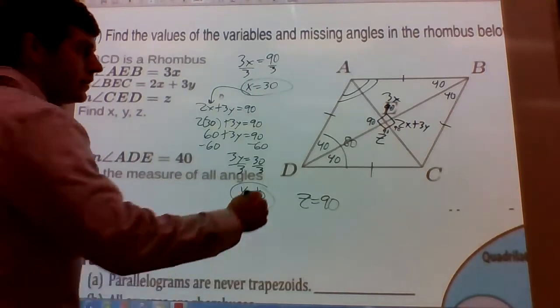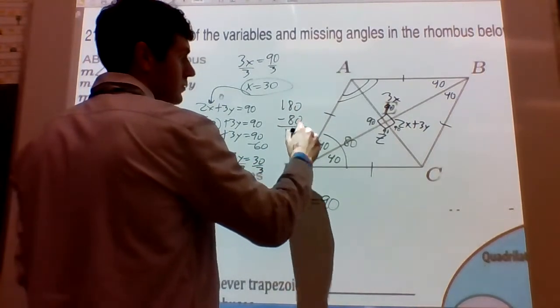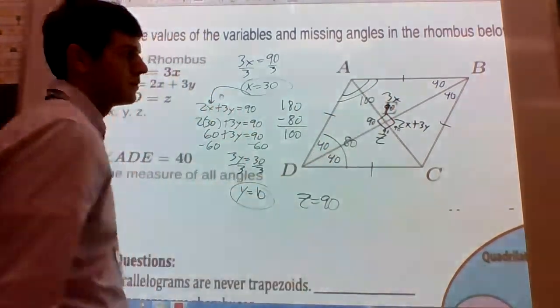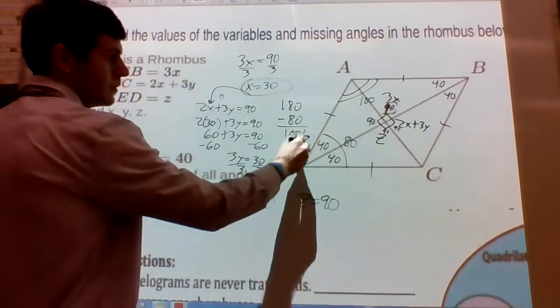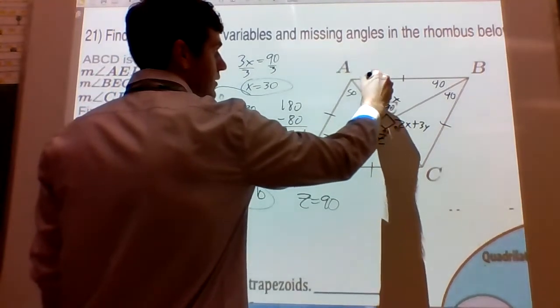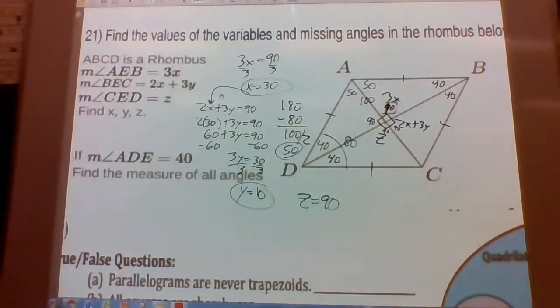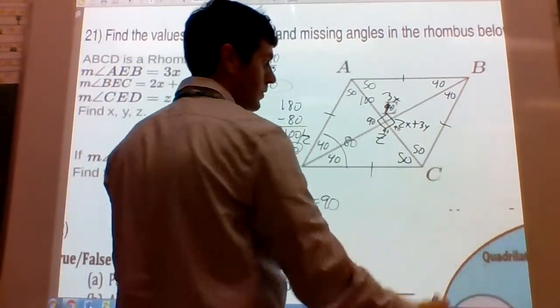So if we do 180 minus 80, we have 100. And if we do 100 divided by 2, we're going to get 50. So we know we're going to have 50 and 50. Alternate interior angles, we're going to get 50 and 50 as well.